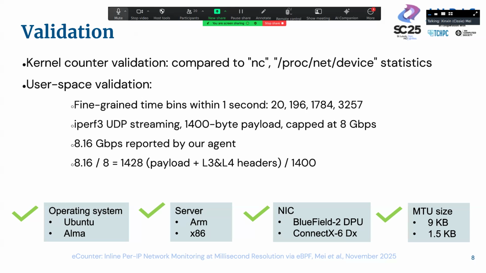But my eCounter also accounts for the header size, so that's the extra, and it exactly matches the UDP header, which is 28 bytes extra. That's why we see 2% more. I have tested on an Ubuntu system, my system, the ARM node, and also a DPU. The system works on the DPU as well, and with multiple MTU sizes.